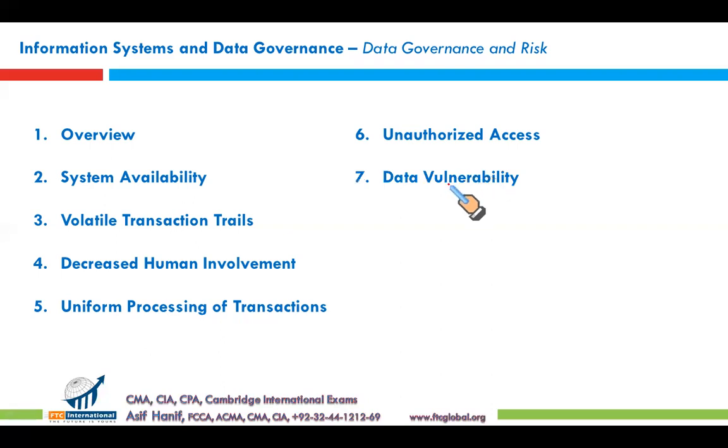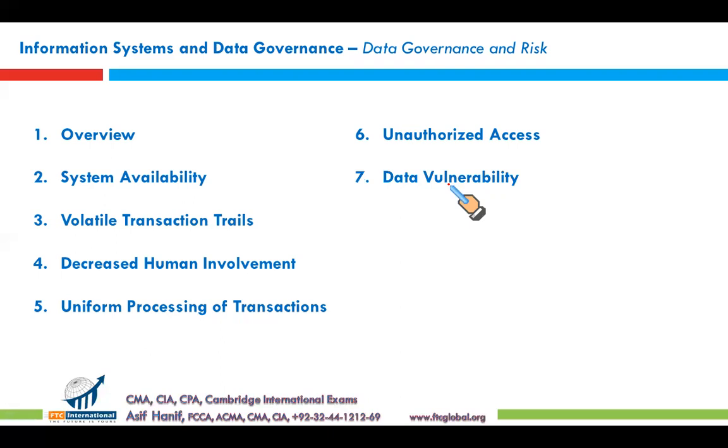Then data vulnerability. If your computer facilities are destroyed, they can be replaced. Hardware can be replaced. You can purchase new computers, but the data that is unique to you, your customers' details, your suppliers' details, your employees' details, all the information unique to your business, if it is destroyed, then you are gone. That is why it is crucial for any organization to have the data duplicated at some secure locations in case there is some disaster.